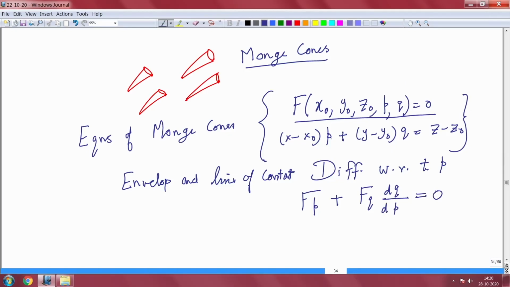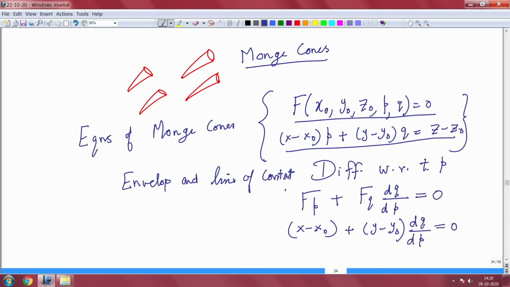If you differentiate the second equation with respect to p, you get (x minus x naught) plus (y minus y naught) into dq by dp is equal to 0. So, you have two equations.